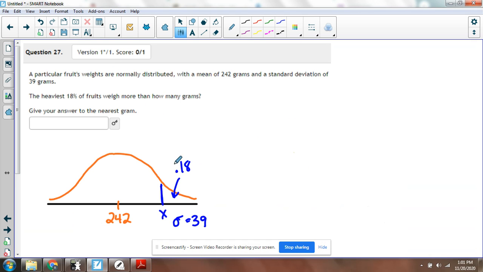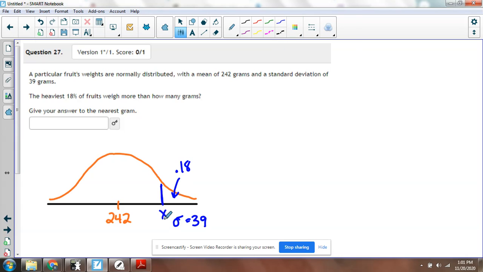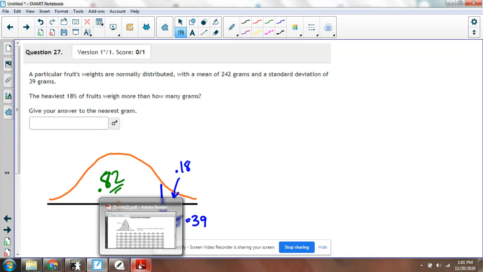The problem with that is we are talking about 18% being to the right of our value. So we can look at it this way. Finding the value that cuts off the top 18% is the same thing as finding the X value that cuts off the bottom 82%. Okay? Cuts off the bottom 82%. So I'm going to use this instead of this. So what I'm going to do is just basically the entire process backwards.